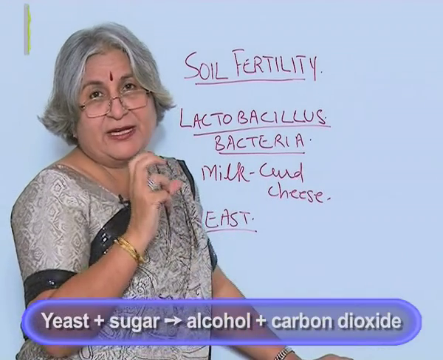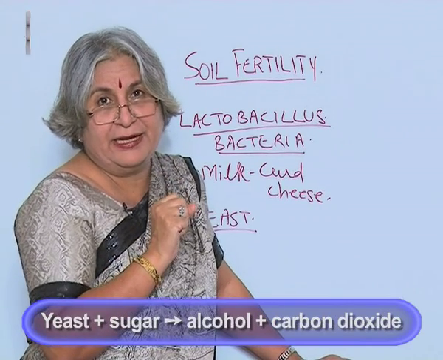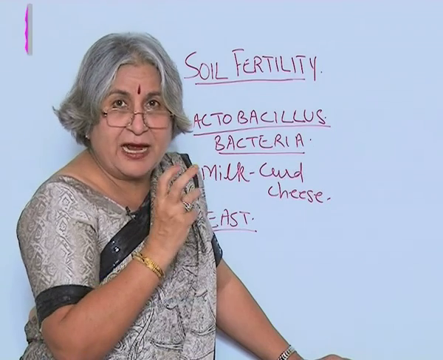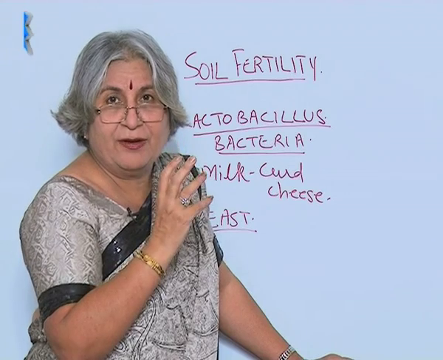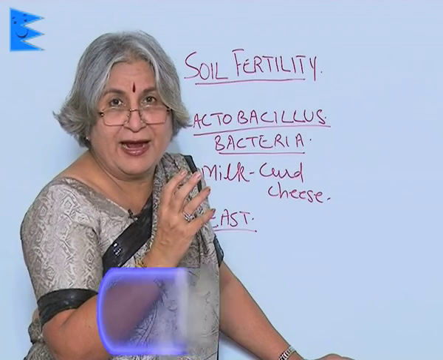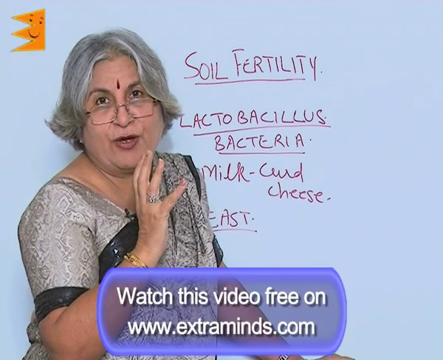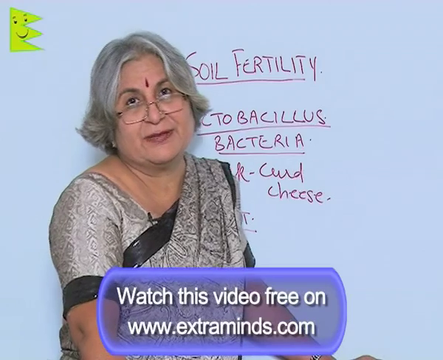When yeast comes in contact with sugar, it is able to break it down into alcohol and carbon dioxide. Now, this carbon dioxide gets trapped in the dough, and when we bake or steam or fry, then it becomes soft and spongy. That is why we use yeast in these substances.